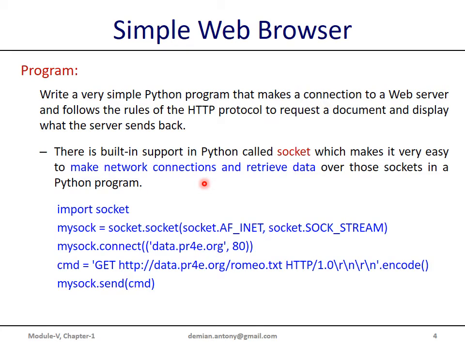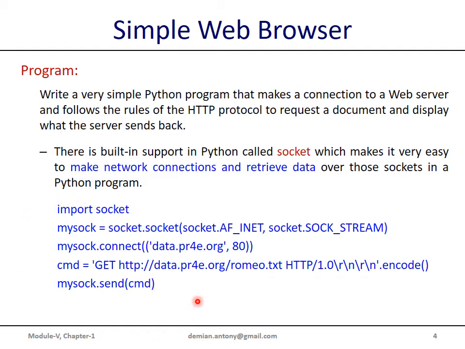Remember, whenever we create a socket, there is a buffer at the client, and whenever the server is created at the host, there is a buffer, and these two buffers are used to hold the information to be exchanged between client and server. This program has got two parts.